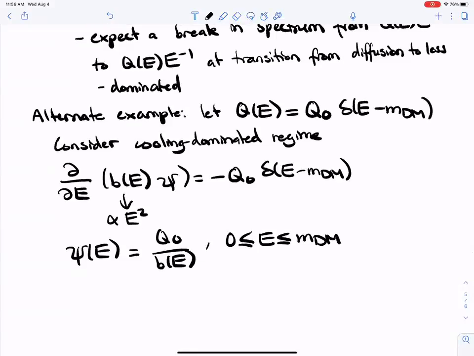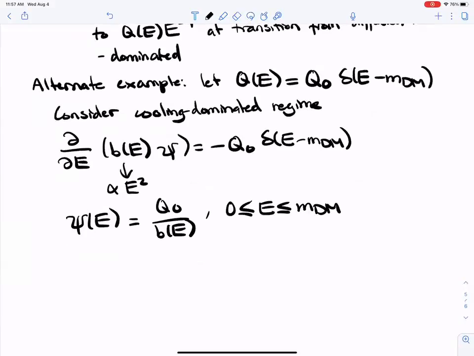Okay, so instead of just using dimensional analysis to say that this derivative with respect to E should just be a 1 over E factor more or less, I'm actually integrating this equation. So in this case, what you would find is that the spectrum of the injected particles just scales like an E to the minus 2 spectrum in dN/dE, but then up to some sharp cutoff.